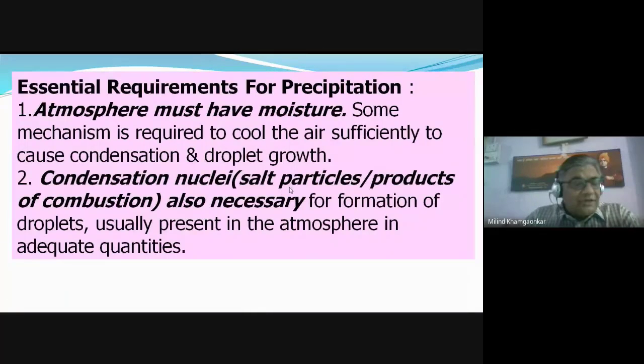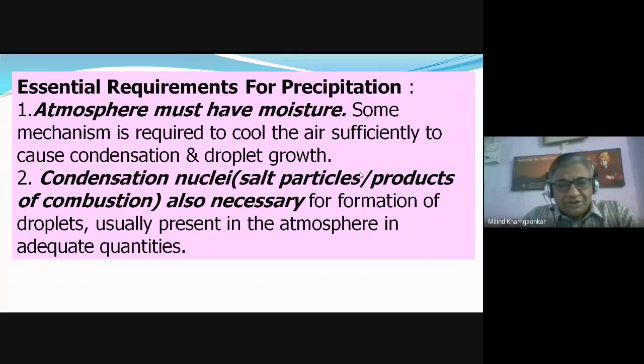Condensation nuclei are very important for precipitation or rainfall. These condensation nuclei are nothing but very micro salt particles, or certain particles which are products of combustion, or part of certain lightning, or very tiny particles of dust.